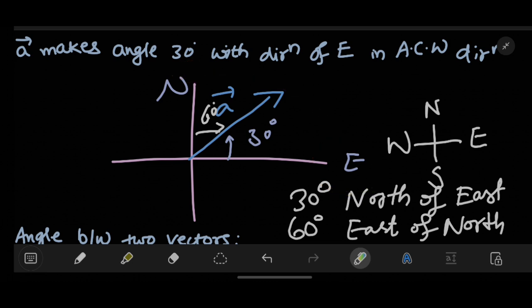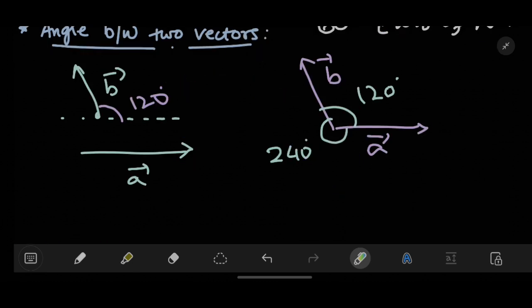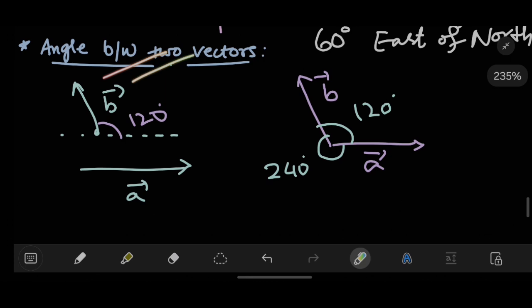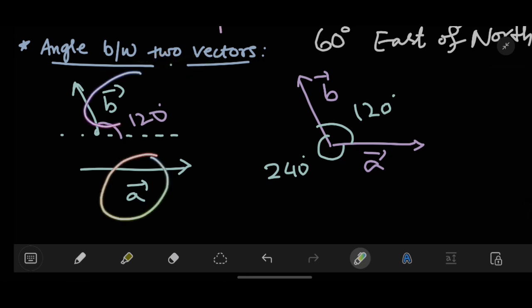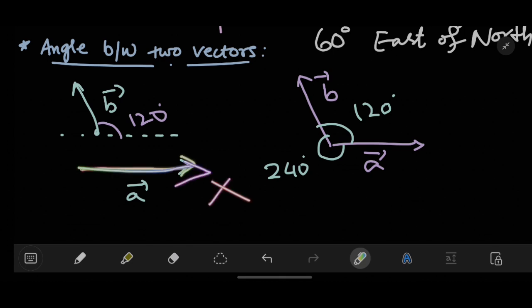Remember these two. Now, how do we understand the angle between two vectors? If there are two vectors, A vector and B vector, how can we determine the angle? A vector is like this, parallel to the x-axis. This is A vector, this is B vector.